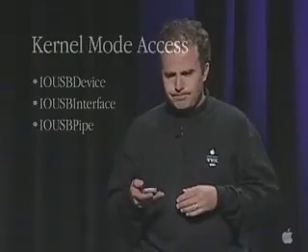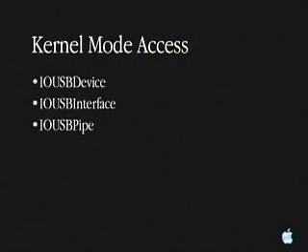Now, in the kernel, the USB family provides 3 basic object classes that represent the contents of a USB device. These 3 classes are I/O USB device, which is an encapsulation, if you will, of the device descriptor inside the physical device.